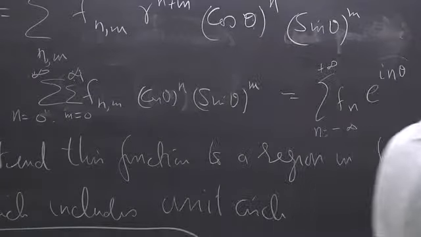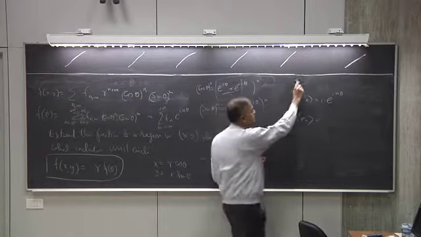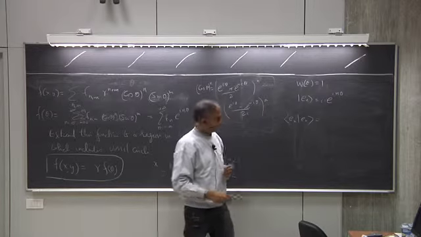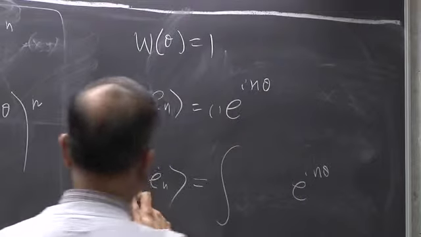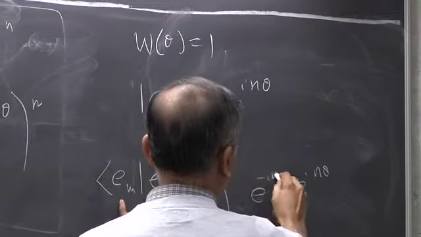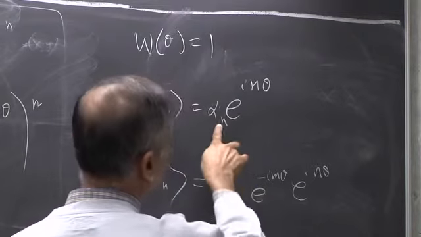Okay, so if I compute this integral with a weight function 1, I will always choose weight function 1 in this case. Then this is simply e to the i n theta from here. For m, I have to take the complex conjugate, so you get e to the minus i m theta. Let me put here some alpha n, which is some constant.